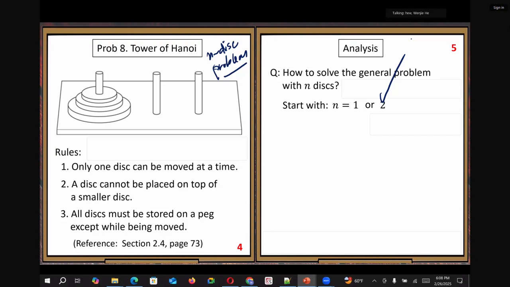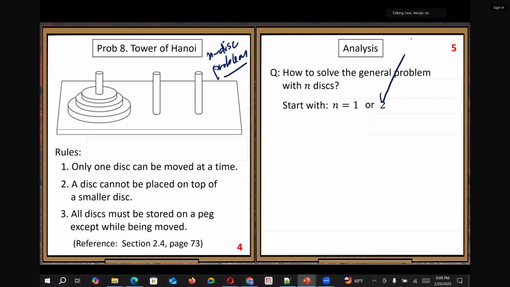Here, it's not hard, because we just did it. So we assume the smaller problem has been solved, and we're very comfortable.